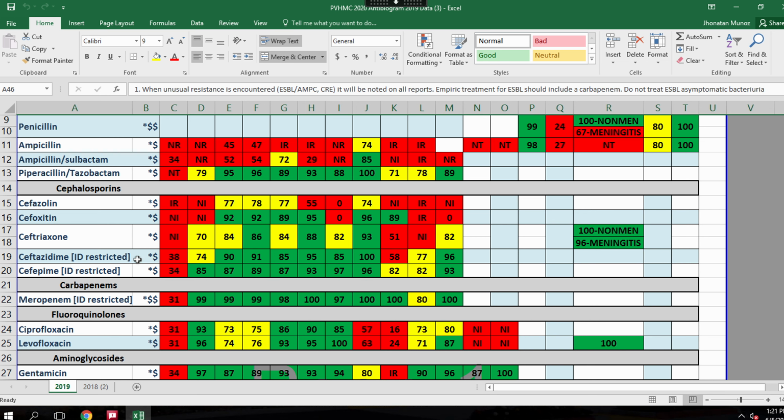And I like to always emphasize that proper use of the antimicrobial guide, the antibiogram, is a good practice to narrow down your antibiotic selection.